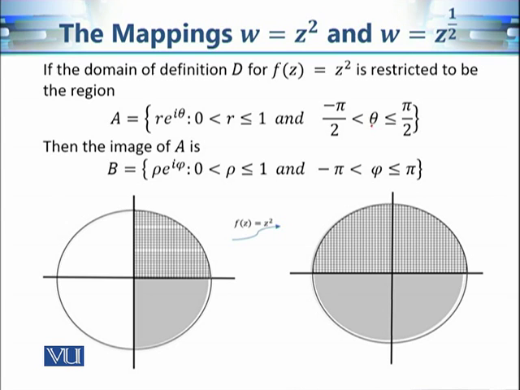Now let's see what will happen with the argument. So when theta lies between minus pi by 2 and pi by 2, when we apply z square, it will be doubled. So pi by 2 becomes pi, minus pi by 2 becomes minus pi.